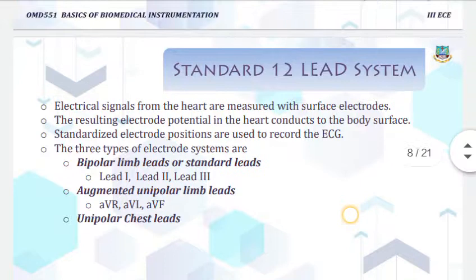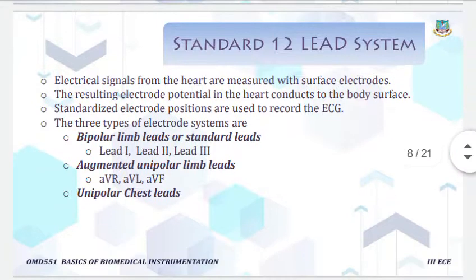Then we go to the standard 12 lead system. What are the three types of electrodes we studied? Microelectrode, surface electrode and needle electrode. The electrical signals from the heart are measured with the surface electrode. From the surface only we can take this ECG signal.